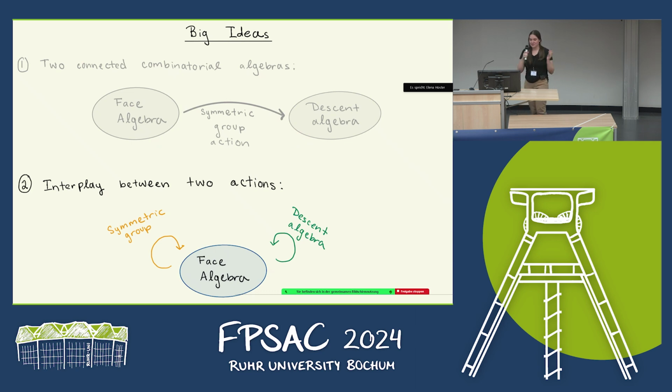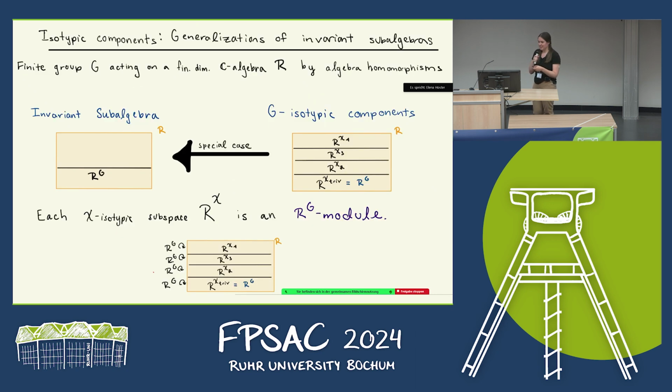So now I want to move to the more general story. And to do that, I'm going to ask what generalizes invariance? One such option is these things called isotypic components. So just for this slide, let's zoom out to the more general setting of some finite group G acting on a finite dimensional algebra R. Under these conditions, R is a representation of G, and in particular, it's a semi-simple one.